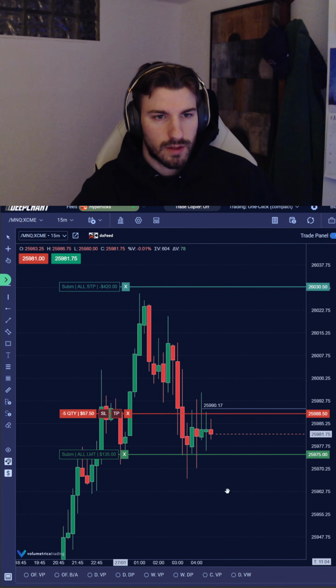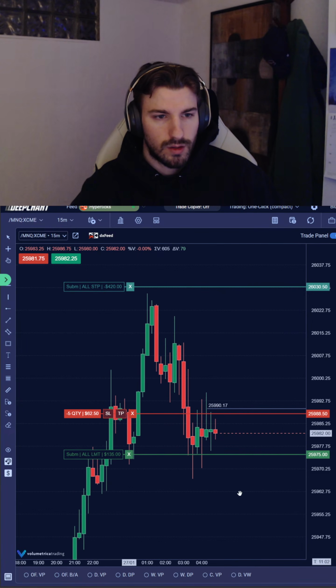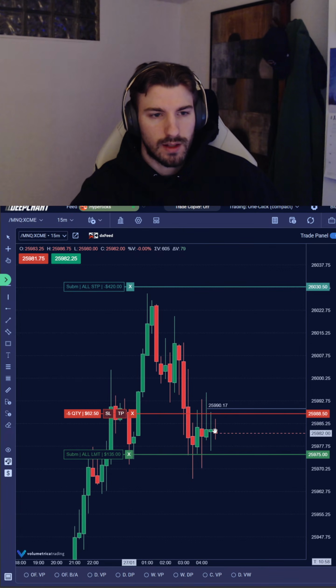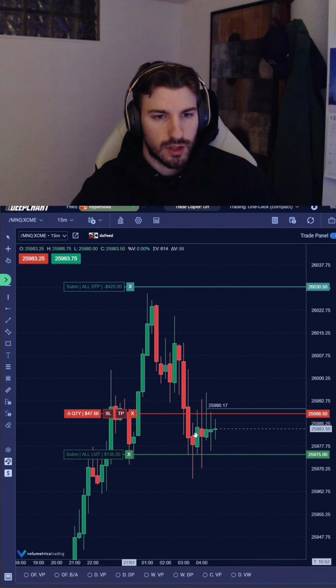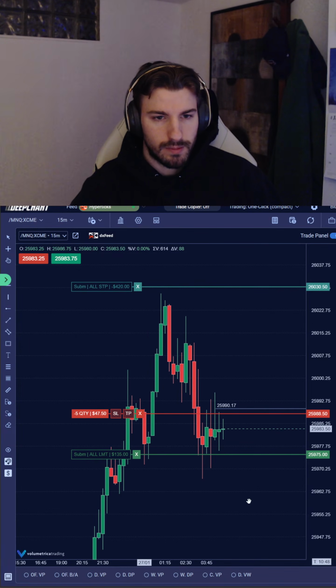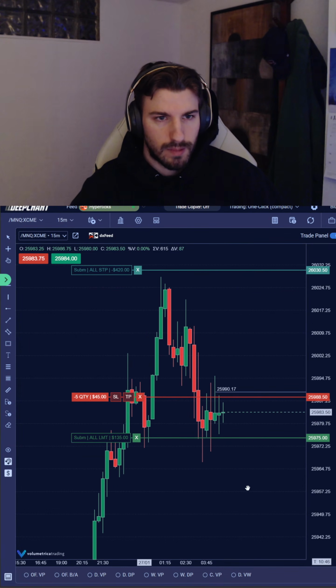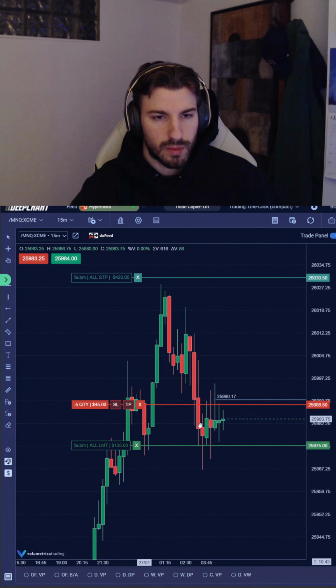There's just no reason for me yet to evaluate this as being high probability of re-breaking highs, but there is a possibility of price being pushed down just to accumulate orders, and basically institutions closing their short positions in a few minutes here just to drive price back up. All right.